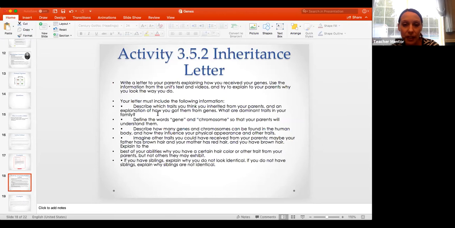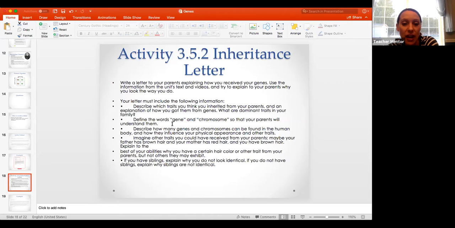In my family, when I think about what traits I inherited from my parents, we all have these big round eyes. We all have dark brown hair. We all have brown eyes. So in my family, thinking about dominant traits, all of us have it. Those would be examples of dominant traits.